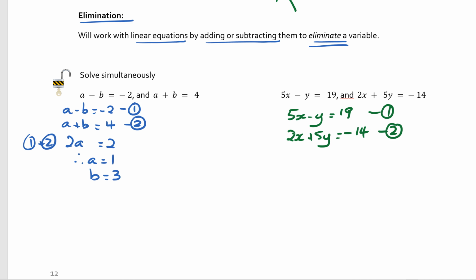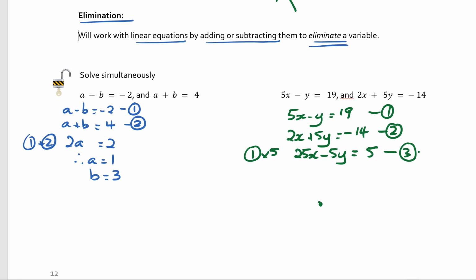So me being lazy, I'll take option 1, so I'll multiply equation 1 by 5, and that will give me 25x minus 5y equals 5 times that, which will be 95. So that will now be equation 3.